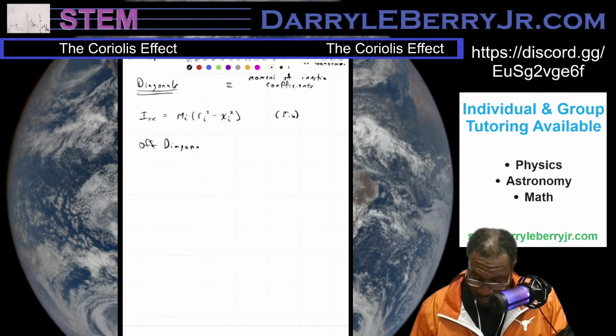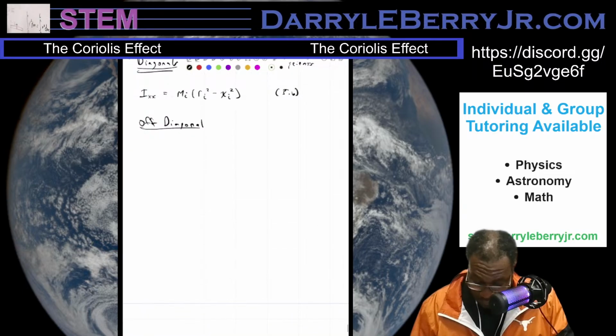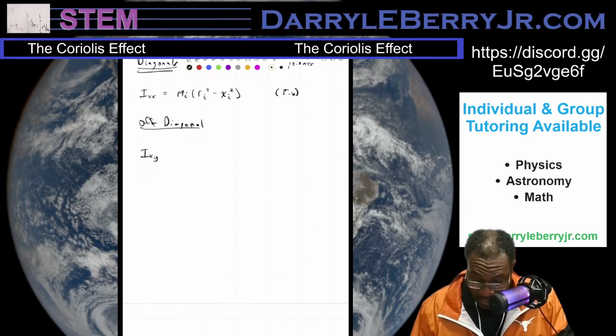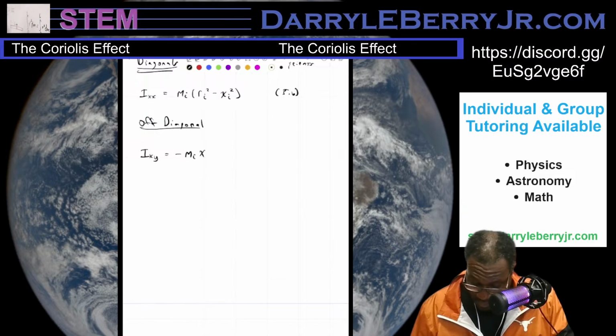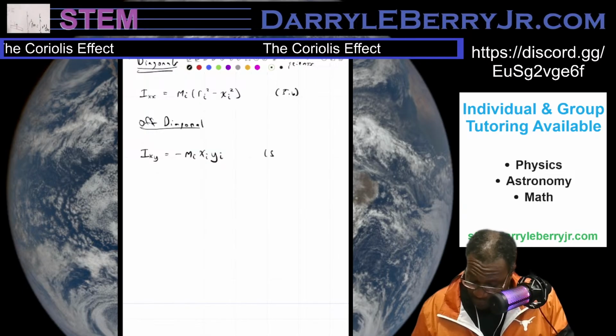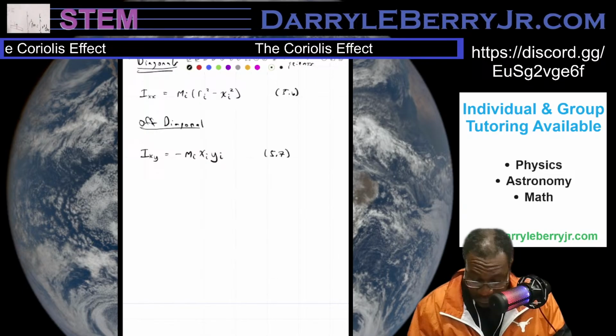Diagonal. So we have Iy equals m Iy, 5.7.